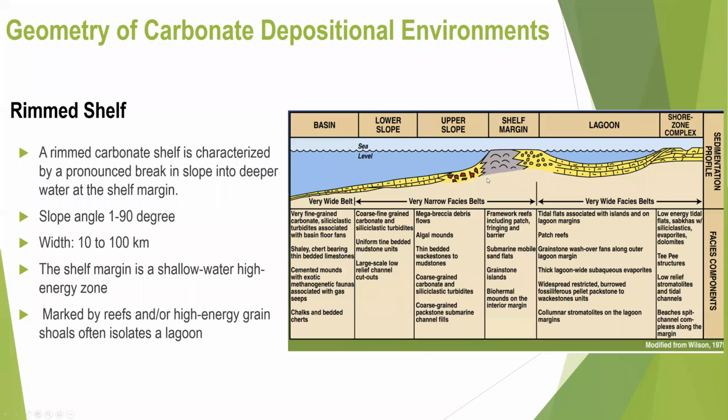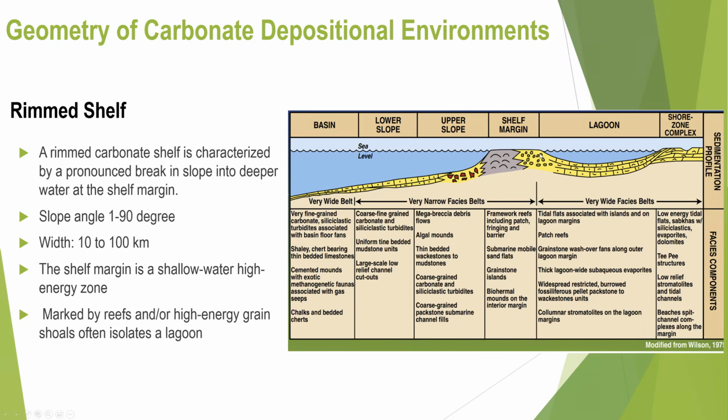So if you look at this part from shelf margin to the basin, in this part we have some sort of reef. In the slope we have some breccia, debris flow, and also some type of packstone, but the grains are very coarse. But toward the basin, the size of the layers and also the size of the grains decrease.